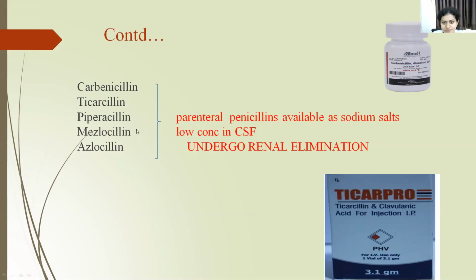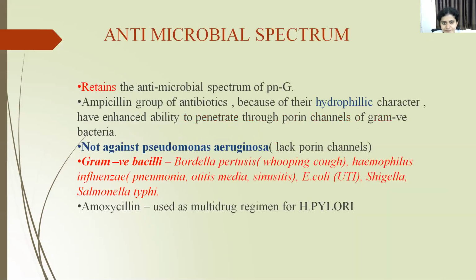The parenteral penicillin is available as a sodium salt, has low concentration in CSF, and undergoes renal elimination. As for the antimicrobial spectrum, it retains the antimicrobial spectrum of penicillin G. The ampicillin group of antibiotics, because of their hydrophilic character, have an enhanced ability to penetrate through the porin channels of gram-negative bacteria.